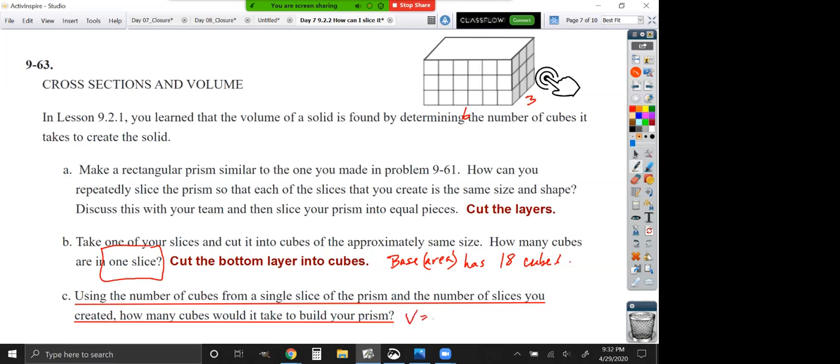Your volume would be 3 times 18, which is 54 cubic units. And that's how you state volume: in cubic units, like cubic centimeters, cubic inches, cubic miles, whatever. Okay, cubic miles would be huge.